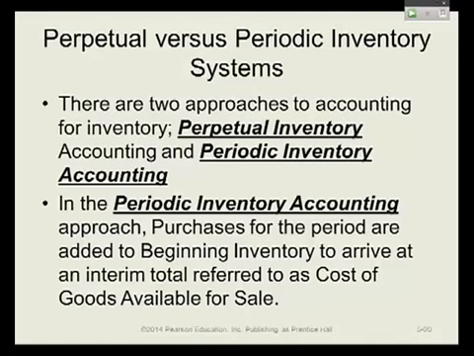There it is. Okay. So when you're thinking about the inventory, you have to think about the quantities. These are the units. And then the unit cost. When we look at the units, there are two ways that we can account for those units.